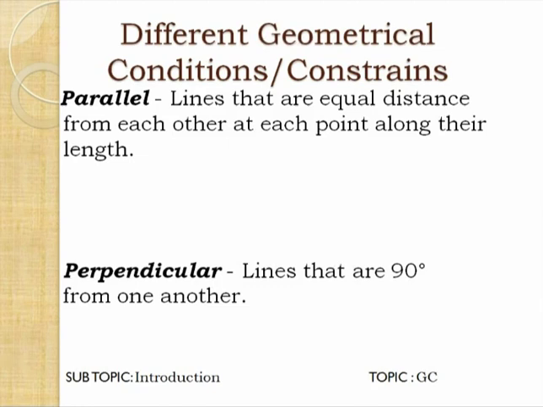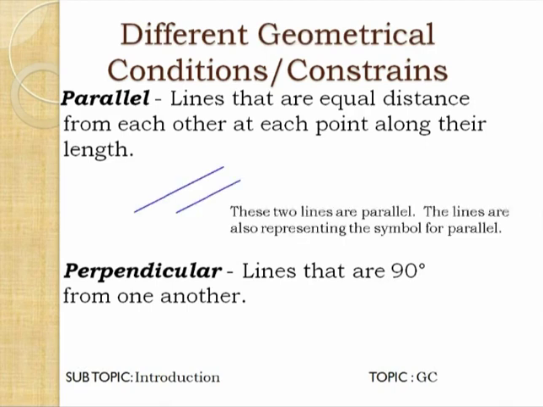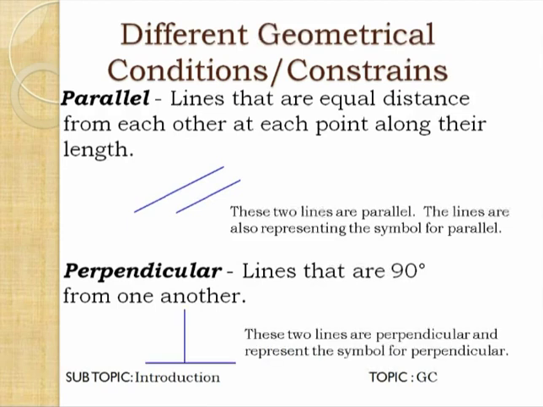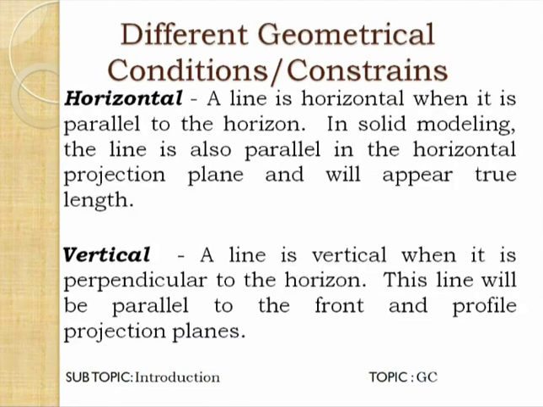One is parallel: lines that have equal distance from each other at each point along their length are called parallel lines. This is also the symbol of parallel line. Perpendicular: lines are at 90 degrees from one another. This is also the symbol of perpendicular line.